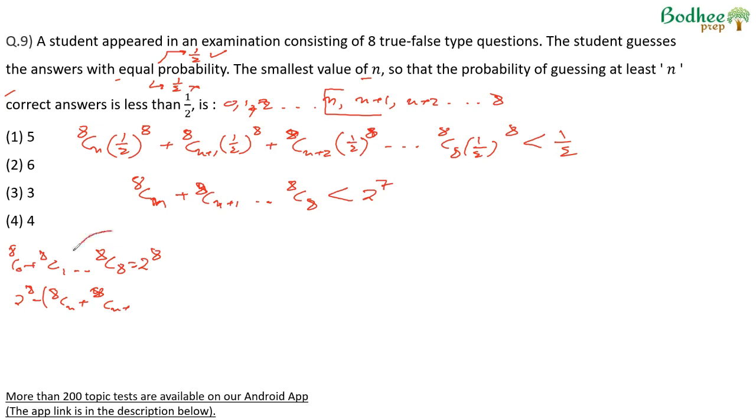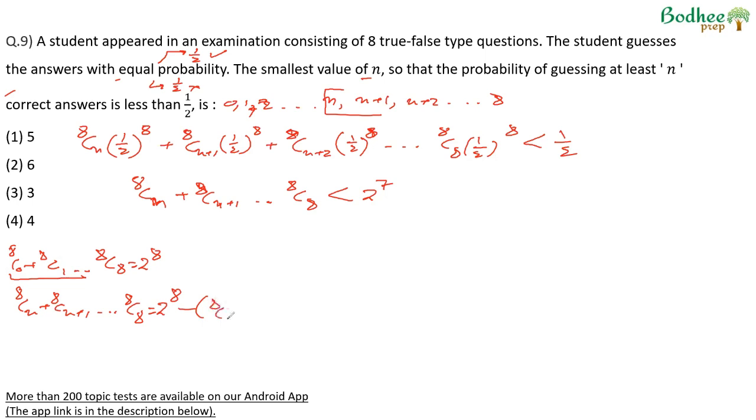So we're taking terms from here and subtracting from here, or rather, a better approach will be to write this as: 8cn, 8cn+1 up till 8c8 will be nothing but 2 raised to power 8 minus the first few terms, which come on the right hand side.